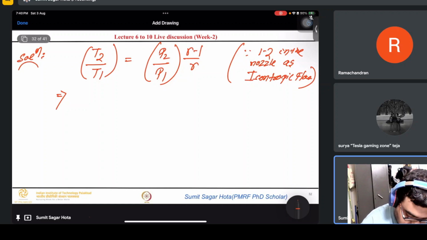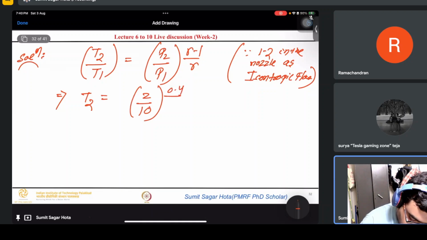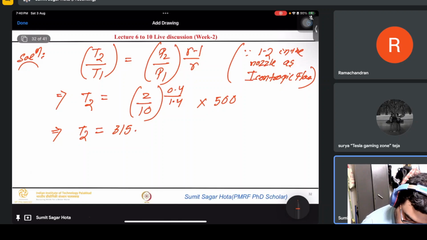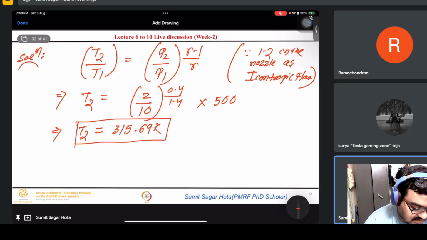So T2 is equal to 2 by 10 to the power 0.4 by 1.4 into 500 Kelvin, which leads to T2 equal to 315.69 Kelvin. So now we have T2.